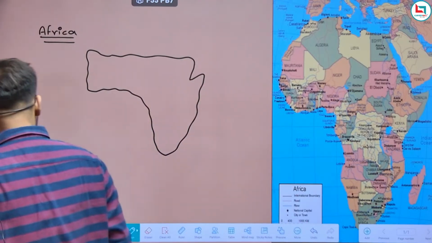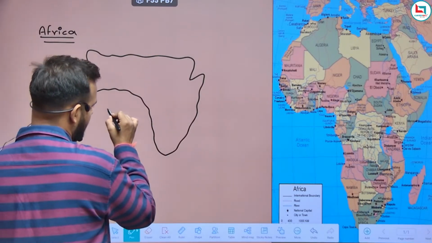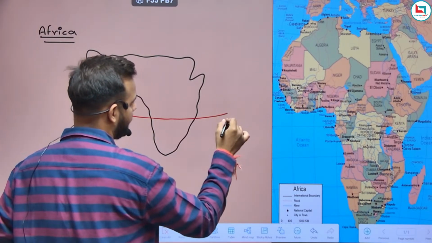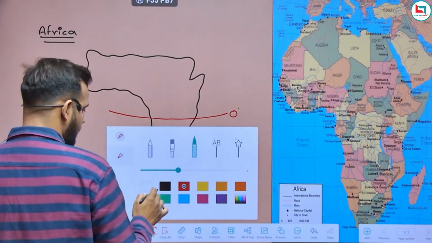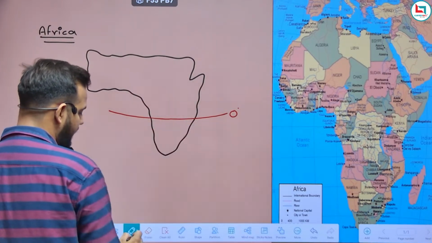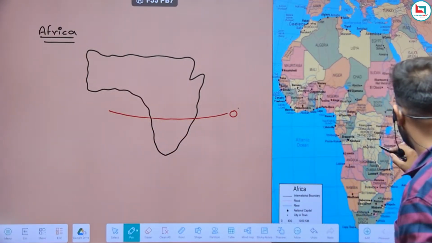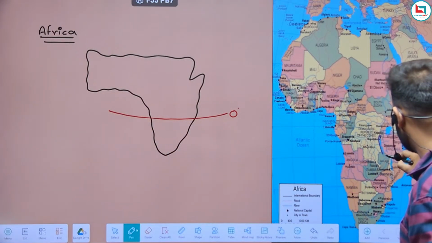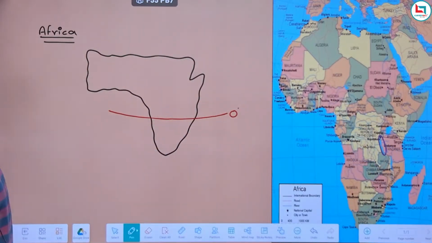Now guys, the equator passes through Africa like this, this is the 0 degree equator. If you look at Africa, we have the presence of a lake here.